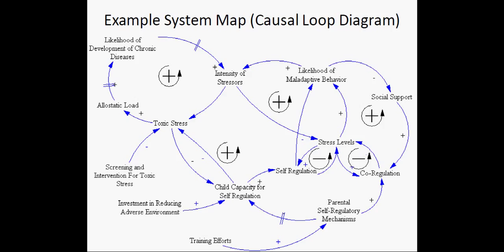Similarly, a negative feedback, or a negative polarity, indicates a change from variable A to variable B in the opposite direction. So, for example, here, increasing the level of toxic stress in the environment of a child may lower the child's capacity for self-regulation, all other things being equal, compared to the value it otherwise would have had.